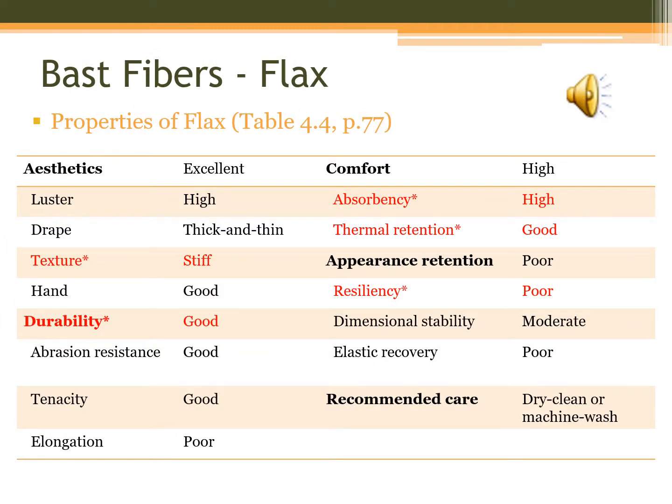So just like we did for cotton, we're going to look at the specific properties of flax, and you can see some areas where flax gets particularly high marks in terms of durability and abrasion resistance and tenacity. So those are all high. The absorbency is also high. Noteworthy, the thermal retention of flax is good, and if you remember, with respect to cotton, it was poor, which is why cotton is such a cool fabric to be wearing, and it's especially good when there's heat.